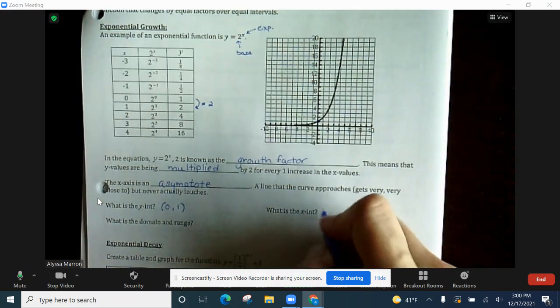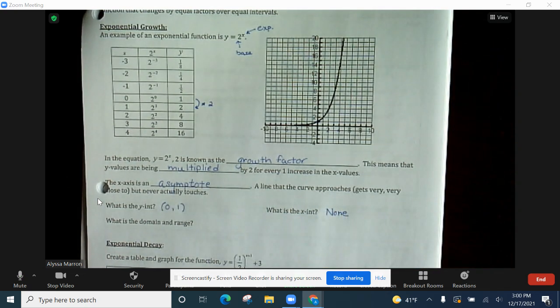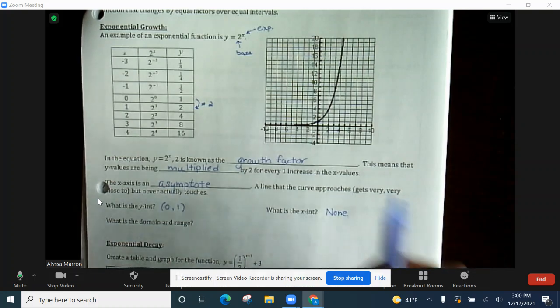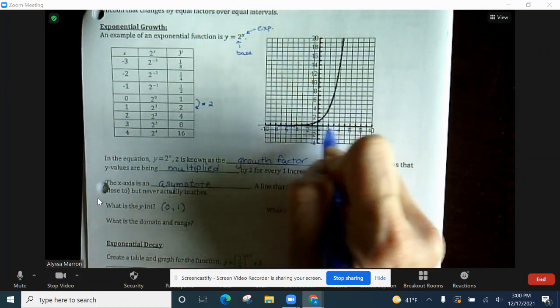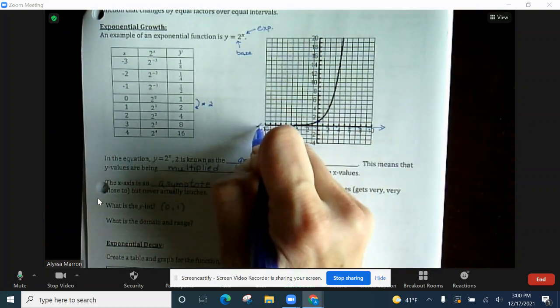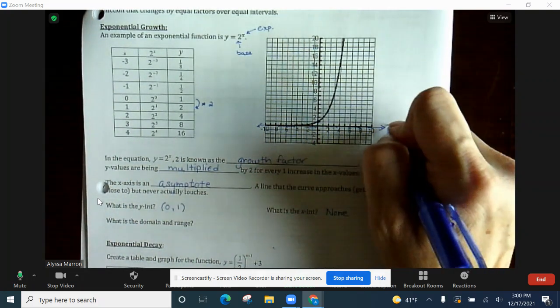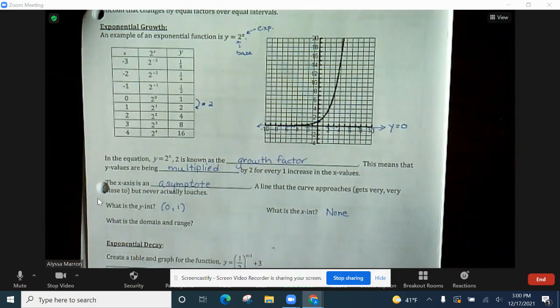So our x-intercept here, there is none. And if I were to look at the equation of that asymptote, in this case, it is a horizontal boundary. We draw those with a dashed line. Kind of hard to see because this axis is so thick, but I could label that as y equals 0. And that's going to shift around with our transformations.